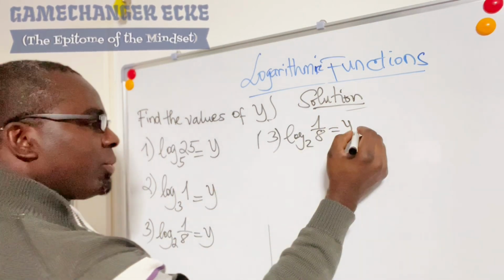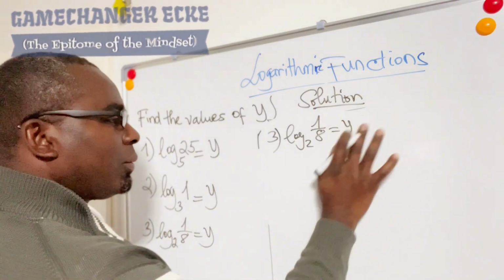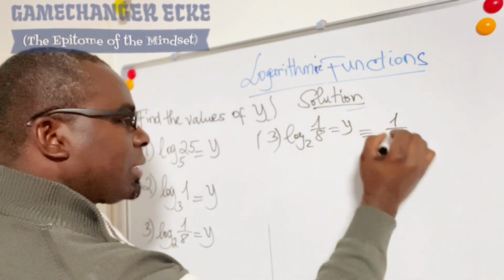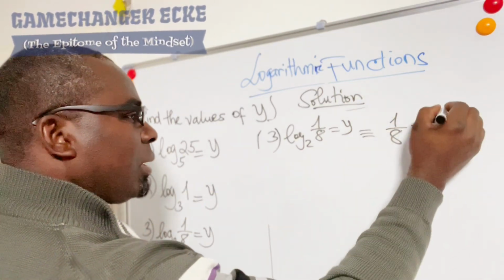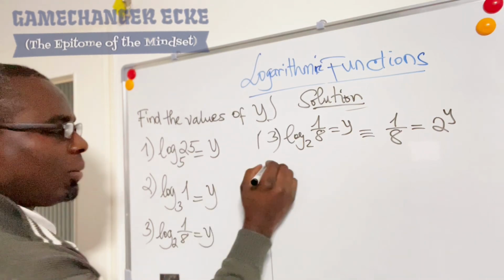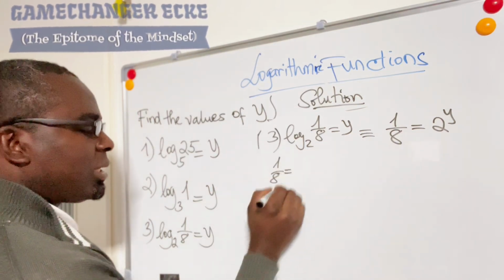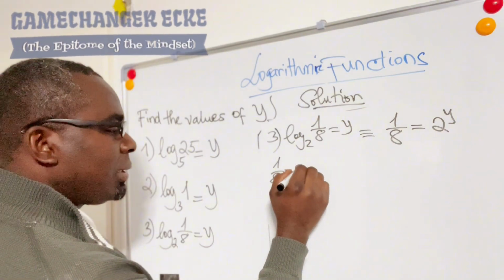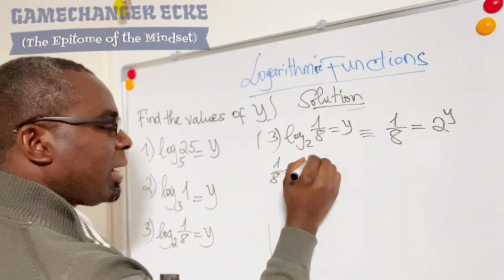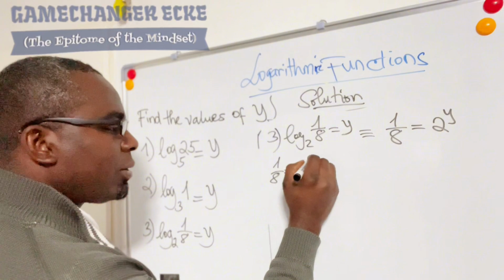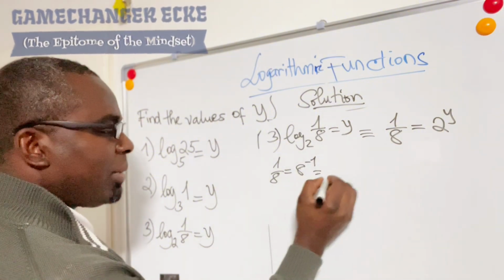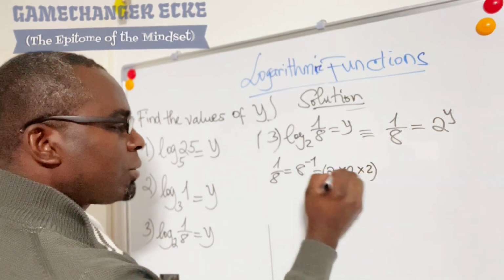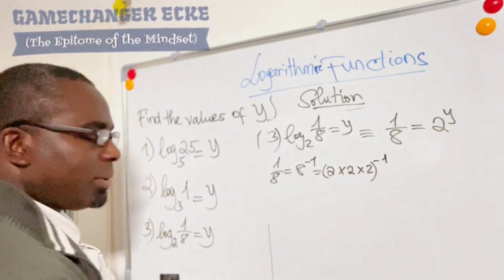In this case, we will write this as 1 on 8 equals 2 to the power y. And 1 on 8 is the same as 8 to the minus 1, which is the same as (2 times 2 times 2) to the power minus 1.